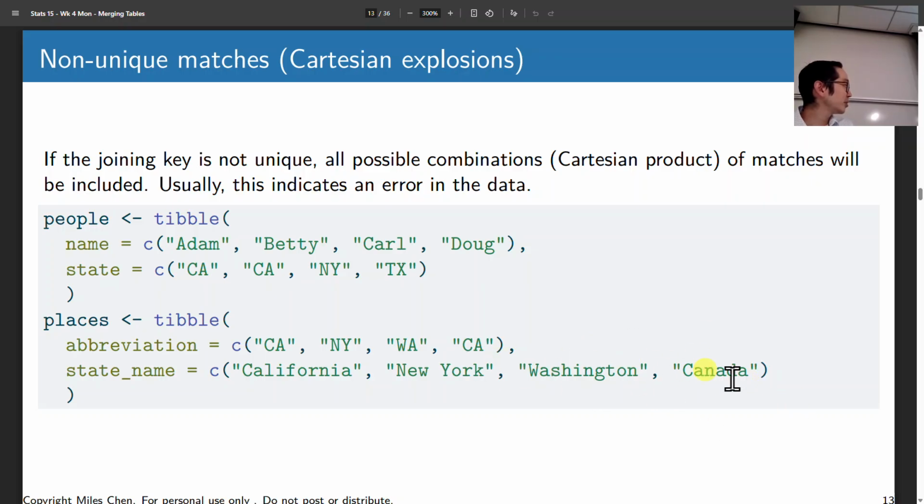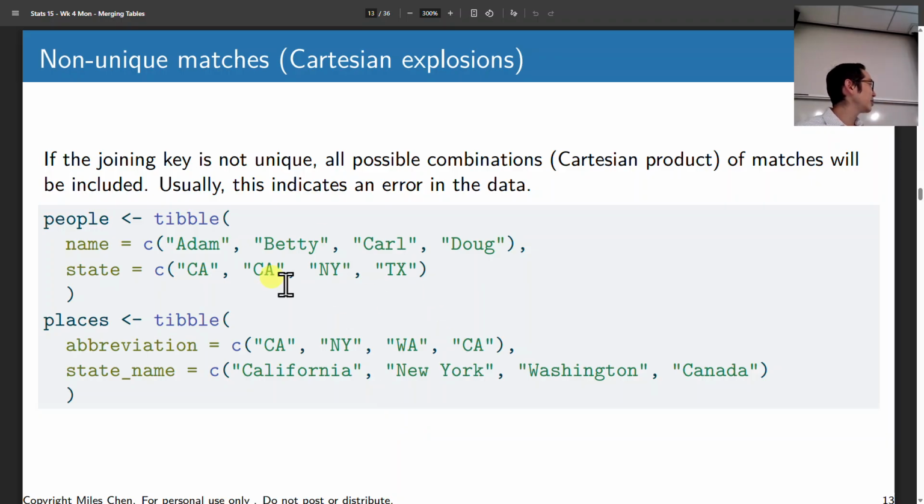We don't want two things that CA could represent. How does Canada abbreviate itself? It's usually CAN, but is there a two-letter abbreviation? CA, they use CA also? So this would run into a problem: if you see CA, is that California or Canada? There's ambiguity, and now we have to figure this out.